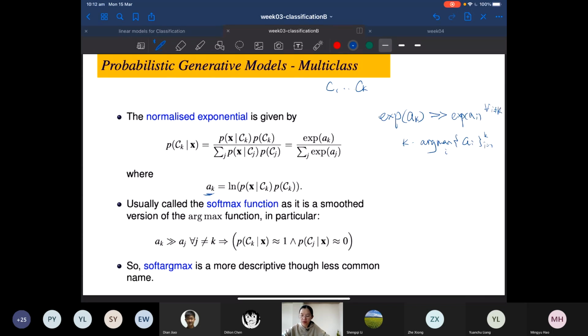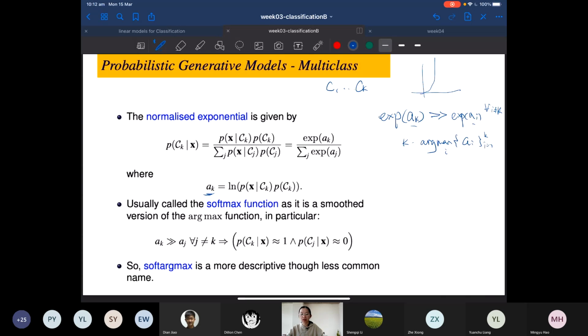This is due to the nature of the exponential function. It goes up very fast. So unless A_i and A_k are really close, the posterior probability is going to be dominated by the largest log probability term, right?